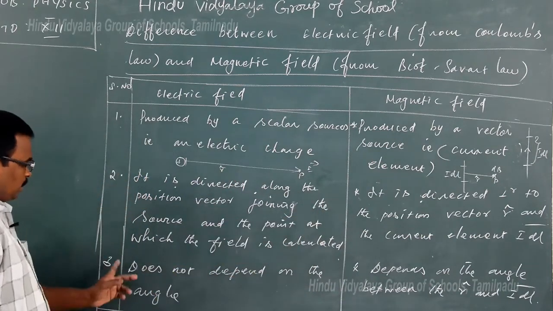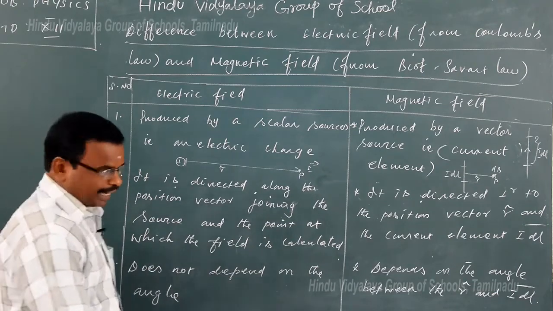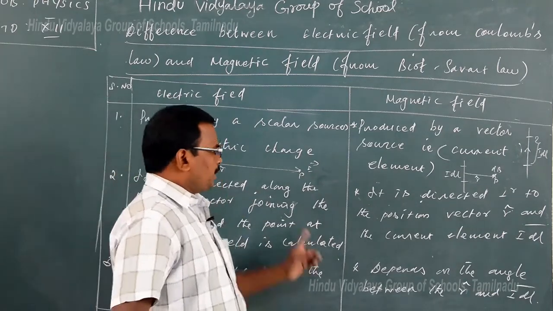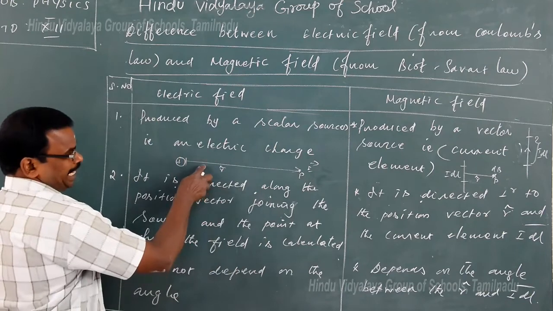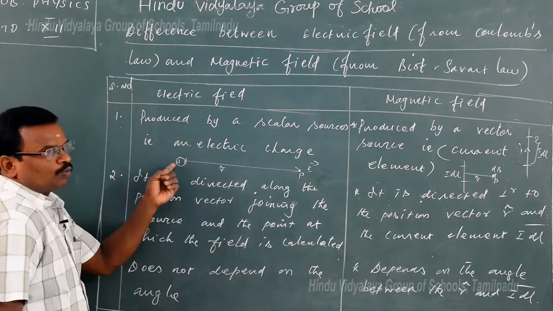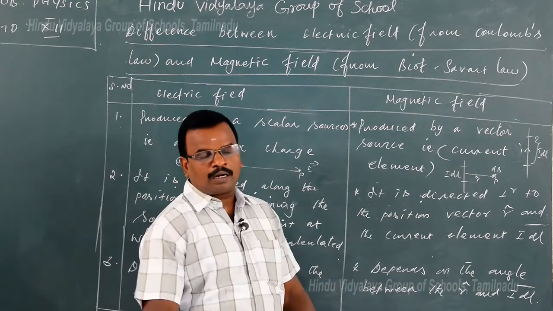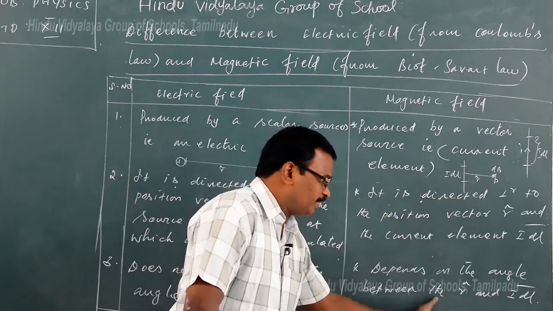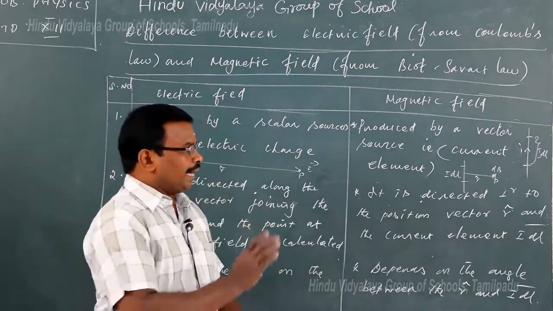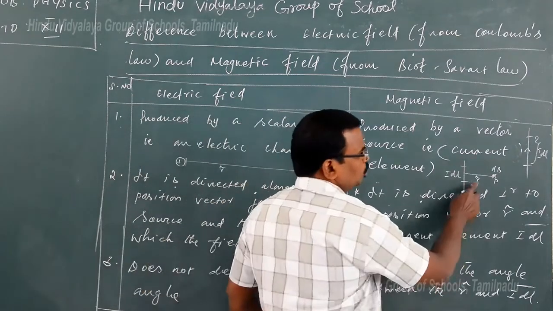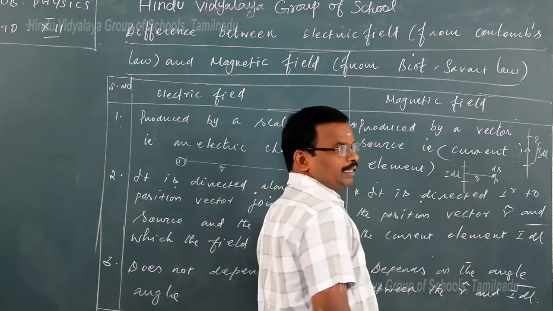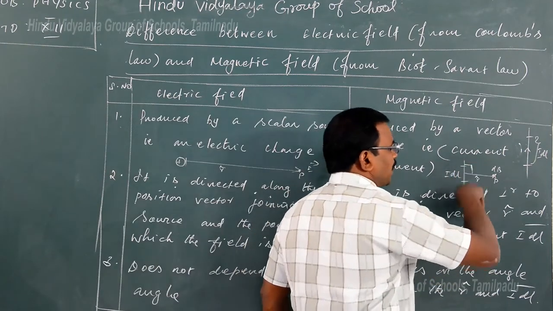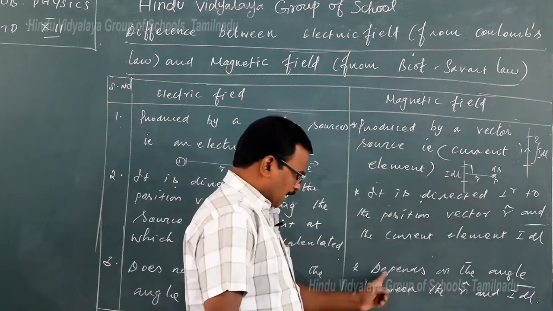And Coulomb's law does not depend on the angle. Very important here, because in this formula there is no sin or cos. That is F is equal to 1 by 4 pi epsilon naught q1 q2 by r squared only. But here, it is dl sin theta. Here it depends on the angle, that is the angle between this position vector r and the current element dl. It depends on this angle only.